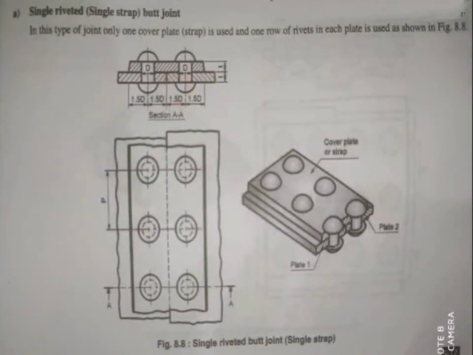Two plates are placed on the table side by side, touching each other. On that, the strap is placed. This is the upper strap, the cover plate. These holes are drilled in this row. That means for plate number 1, one row of holes is drilled, and for plate number 2, one row is drilled. For the strap, both rows are included.